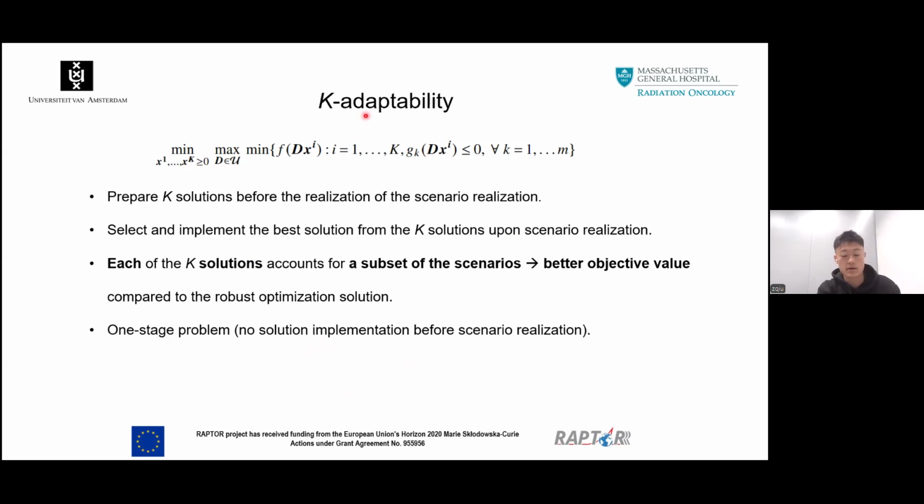Namely, we implement a solution before the realization of the scenario, and then we implement another solution after the realization. But here, in radiation therapy, it's only a one-stage problem. So we only implement the solution after the realization of the scenario.